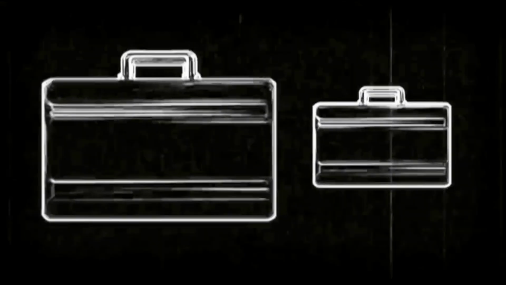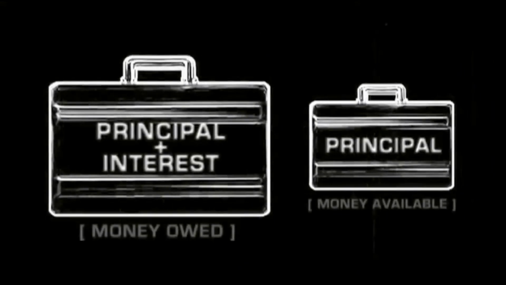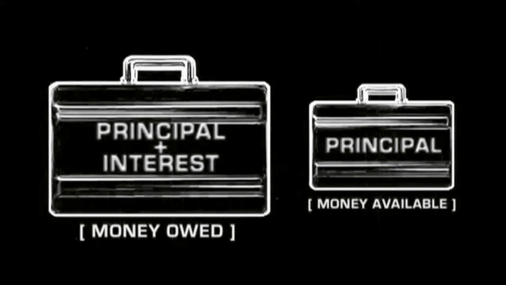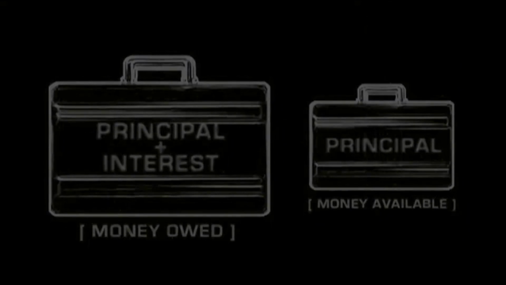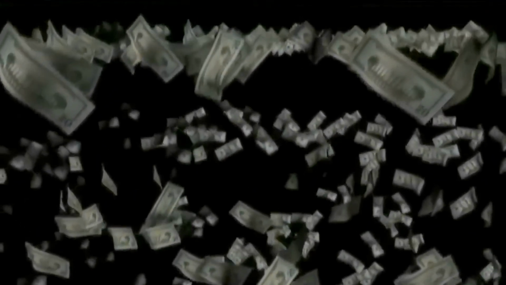The ramifications of this are staggering, for the amount of money owed back to the banks will always exceed the amount of money that is available in circulation. This is why inflation is a constant in the economy, for new money is always needed to help cover the perpetual deficit built into the system, caused by the need to pay the interest.